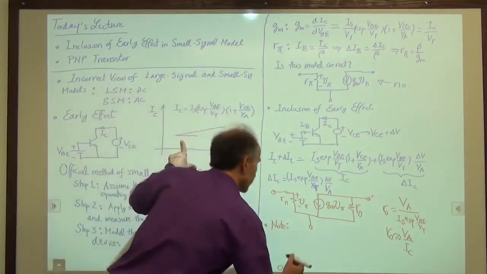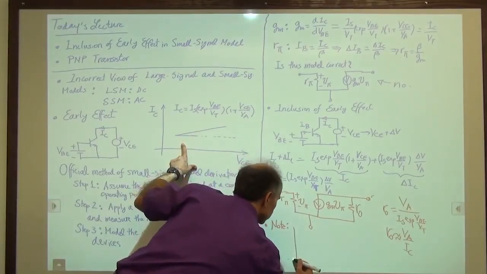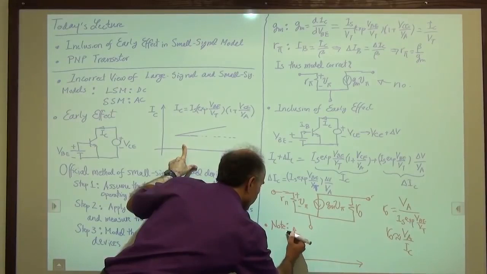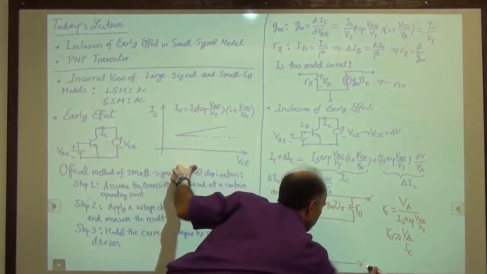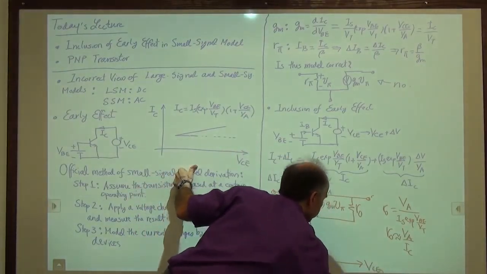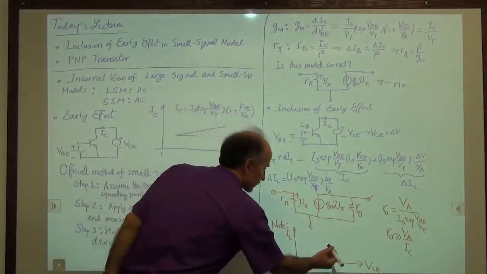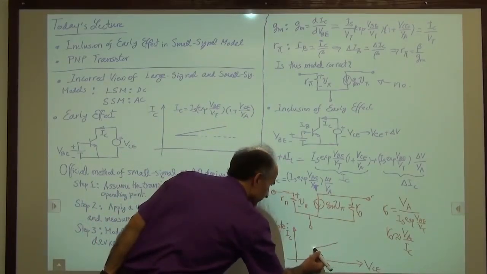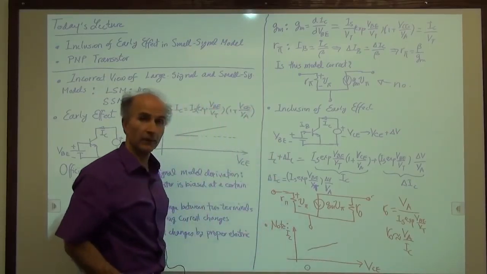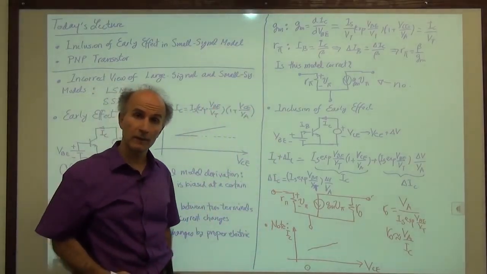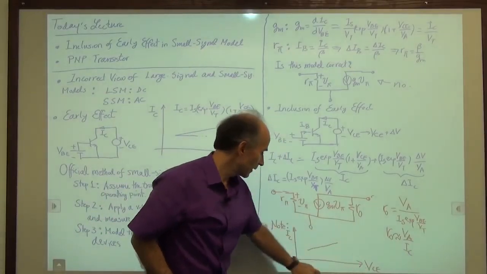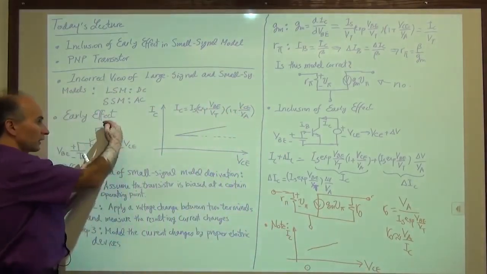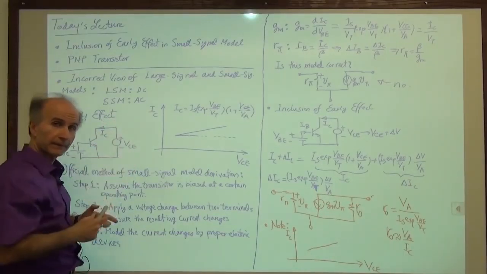But this time we will be more courageous. So IC versus VCE. We said it's not quite flat, it's a little tilted. But we will be courageous. We will let VCE come down more and more. We will let this voltage collapse.